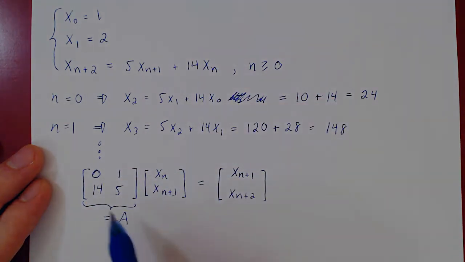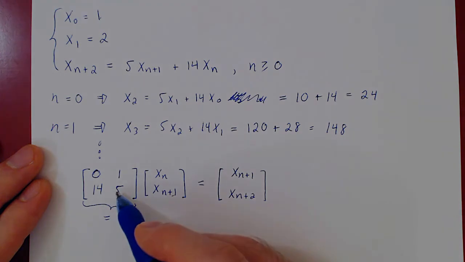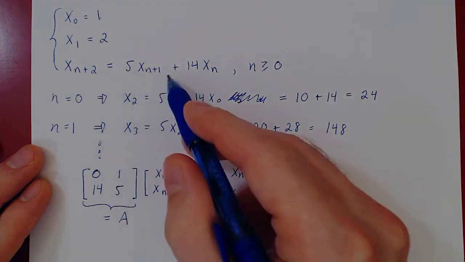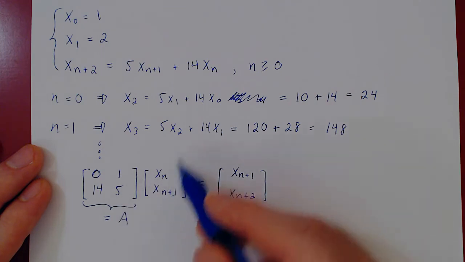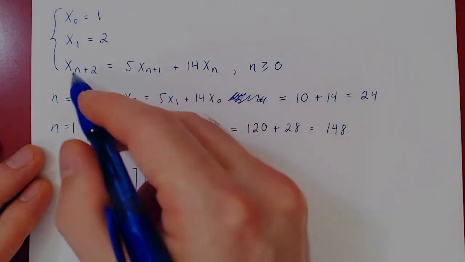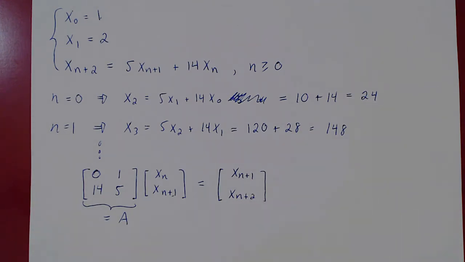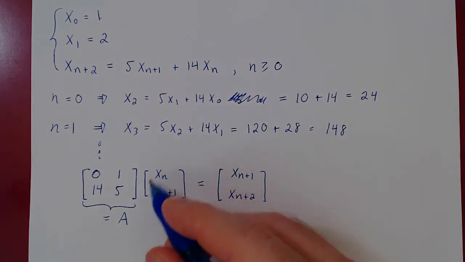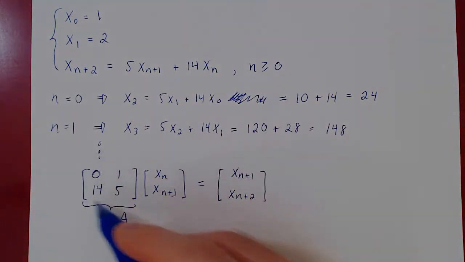So if you check this out, the second entry is 14xn plus 5xn plus 1, and we know 14xn plus 5xn plus 1 is equal to xn plus 2. Mission accomplished. So we are able indeed to drive the sequence forward, no longer from the recursion, but with matrix multiplication.